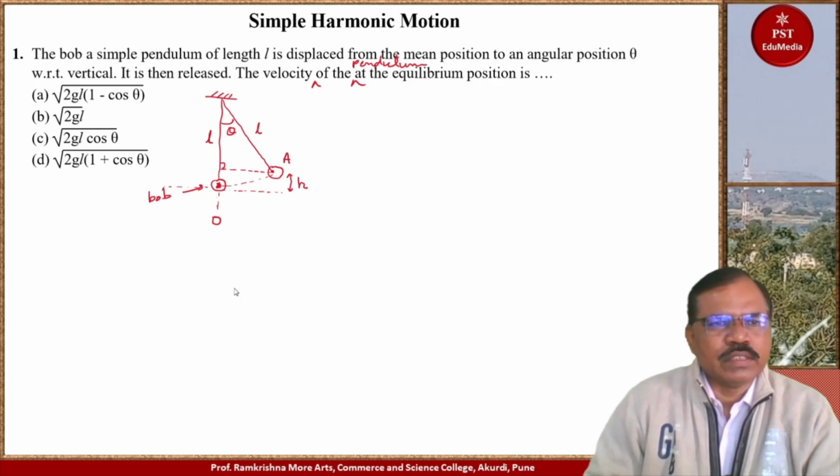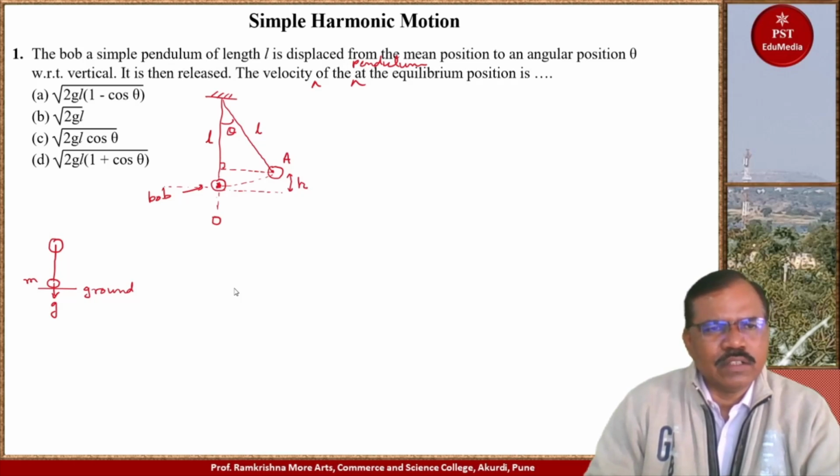Now we know, suppose we have a body of mass m on the ground. Downward force g is acting on the body, and if we displace this body in vertical direction, work is done on the body.